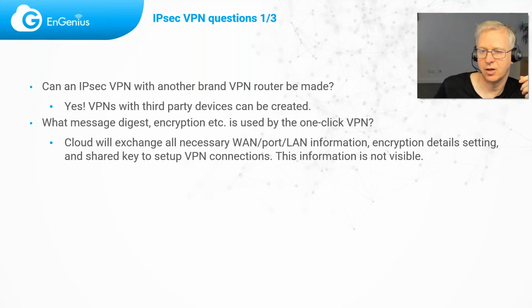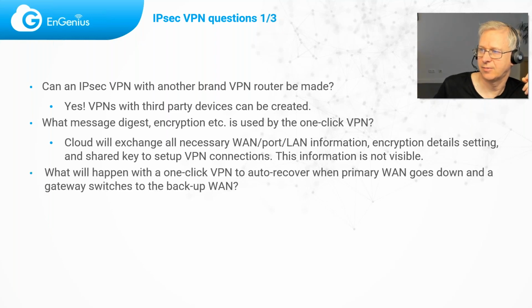The cloud makes sure that all the devices have the same correct information. So we do not need to talk too much about that. The information is not visible. I assume it will be the same as the default settings that you have for the third-party VPN. And the encryption key, or pre-shared key, whatever you want to call it, is randomly generated.